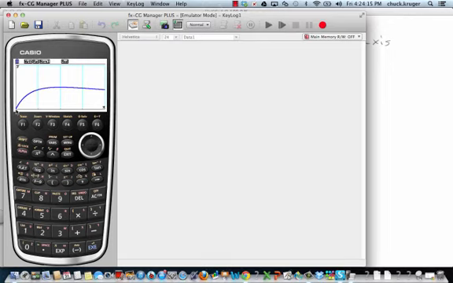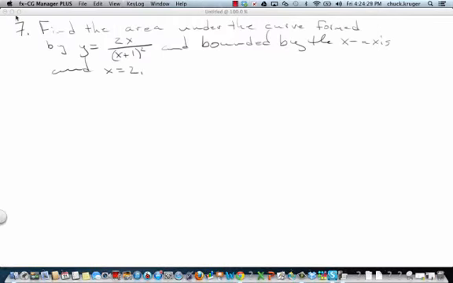Now, notice it's bounded by this curve right here. Here's the line x equals 2, and here's the x-axis. And so this point right here is x equals 0. And I can figure that out because on the x-axis, y is equal to 0.